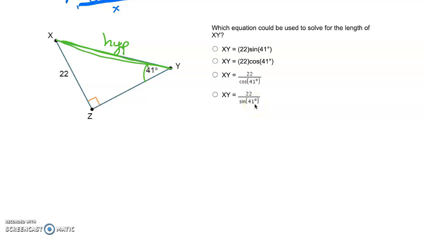So if we take 41 and we know 22, then we know the sine of 41 degrees is equal to the opposite over the hypotenuse, which is xy.